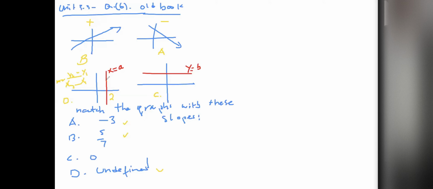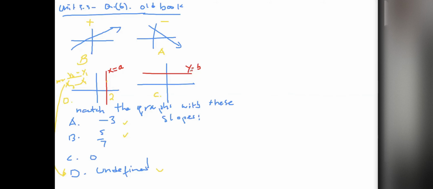So if you take any 2 points from here, the x will be the same because the x here is constant, it is 2. So any two points here will have the same x. And if you subtract the x, in this case 2 minus 2 will be 0, and division by 0 is undefined. That's why if the line is vertical, the slope is undefined.